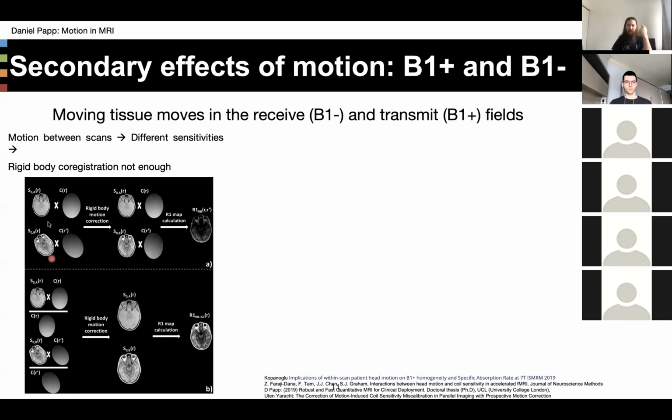Even if this was two completely rigid, unmoving postmortem samples, the fact that you've moved them around in the receiver field, in this C, means that the resulting image will look different. So the way to counteract this is, in this case, to map the receiver field for each position and then divide it out.